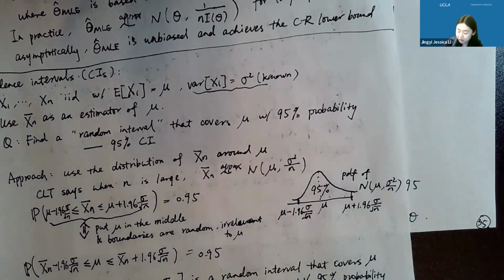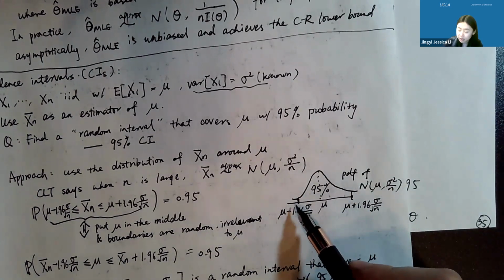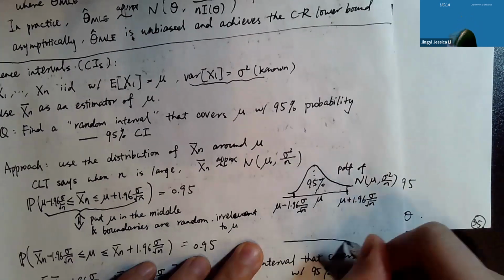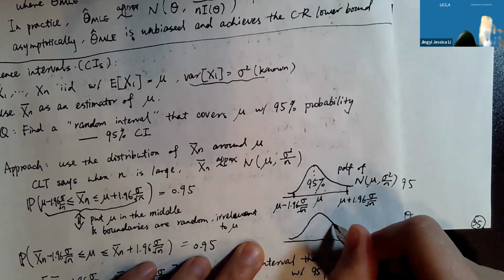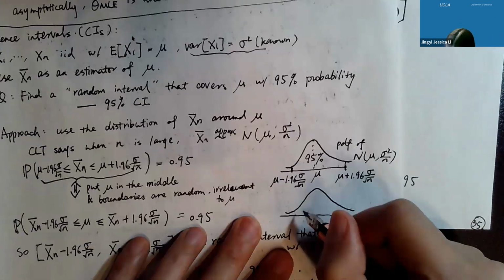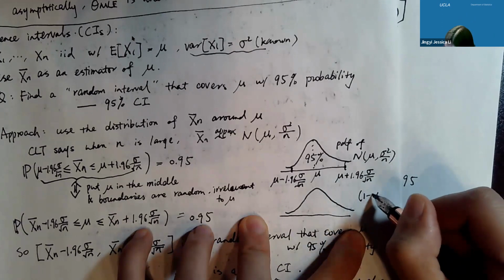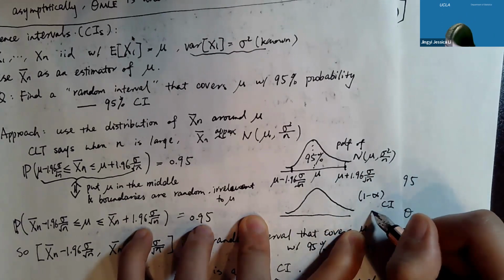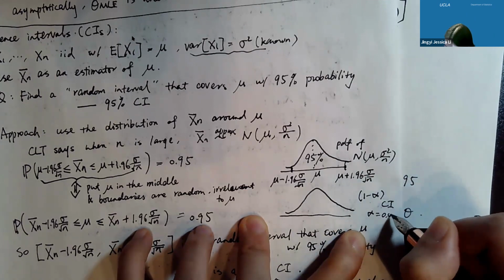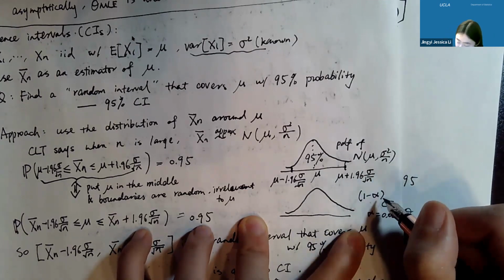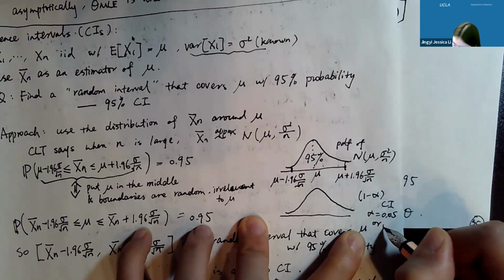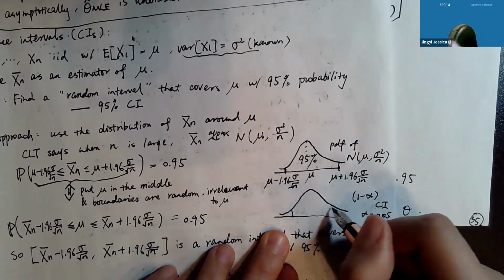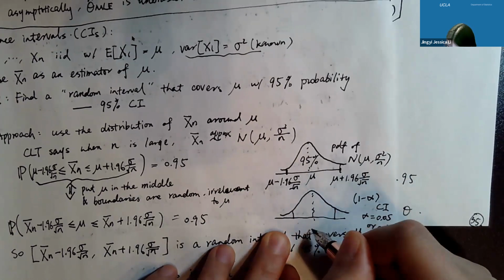So basically, this is actually, if I make it more general, if I say I want the level as a 1 minus alpha confidence interval. So for example, alpha equal to 0.05, then that's 95%. Or alpha could be 0.1, then that's 90%. This is the mean.